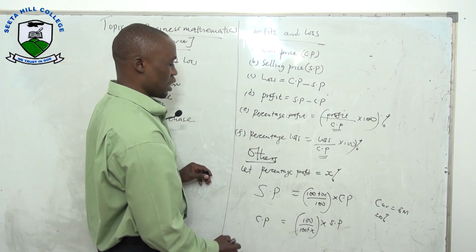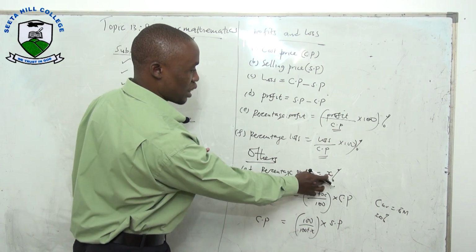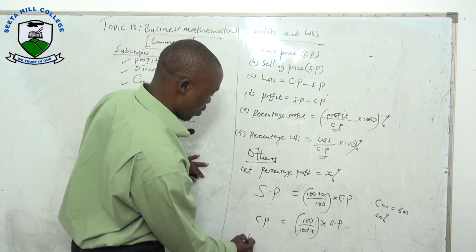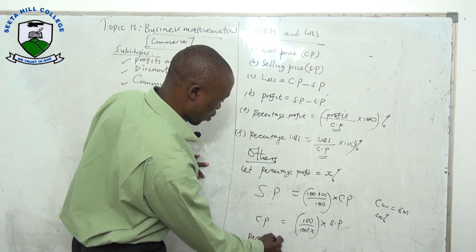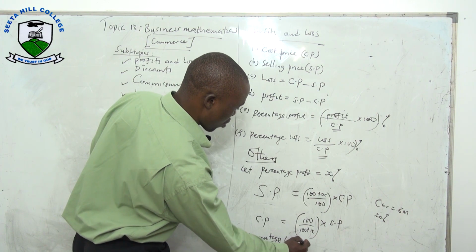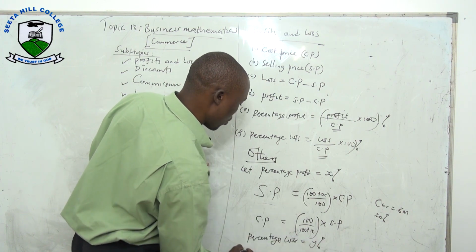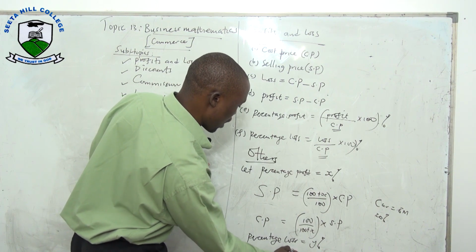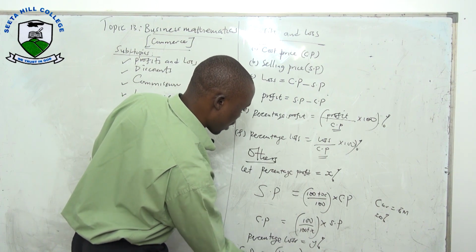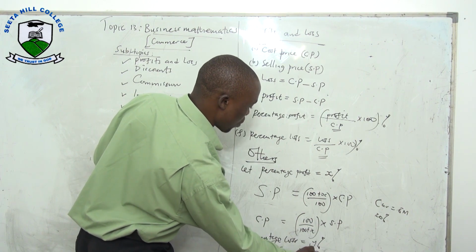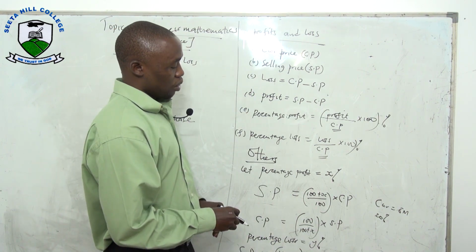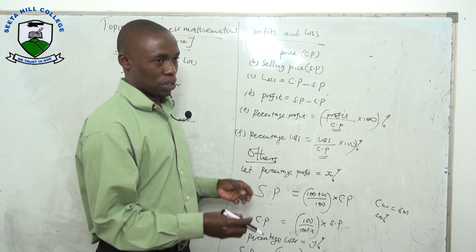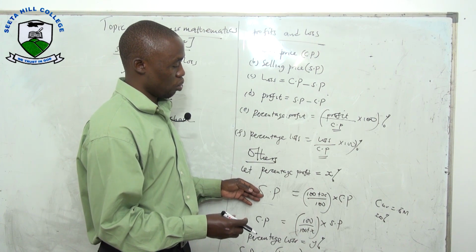Now if the percentage loss was given instead, assuming the percentage loss is Y%, then what is the selling price? 100 minus Y times the cost price. There are other ways of approaching this, but they are longer routes. Not so? The routes are much longer.